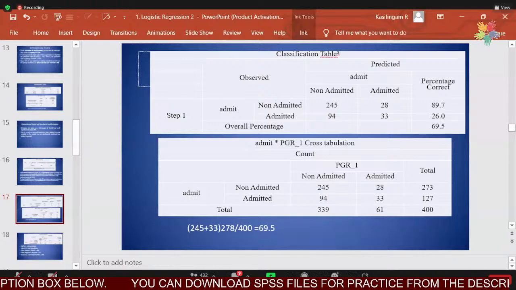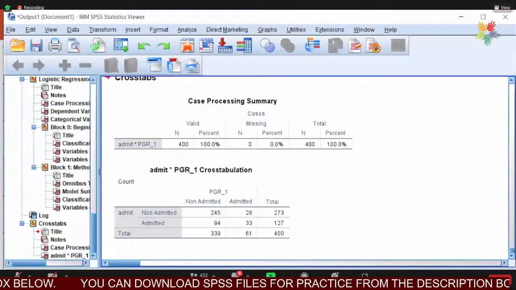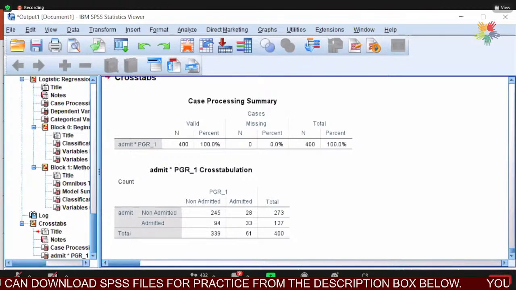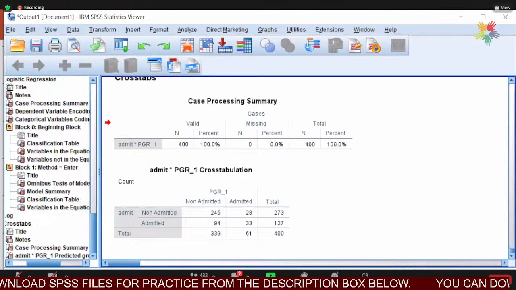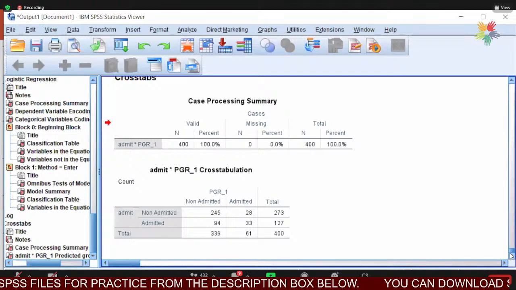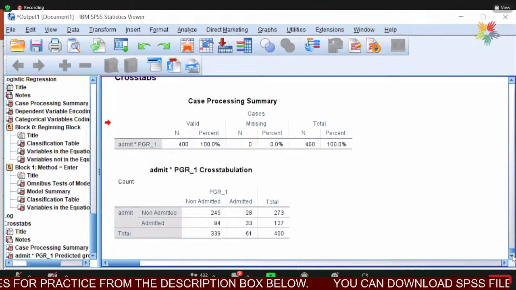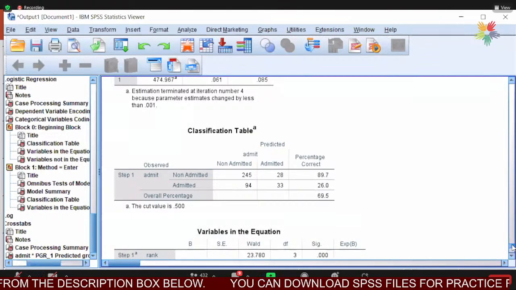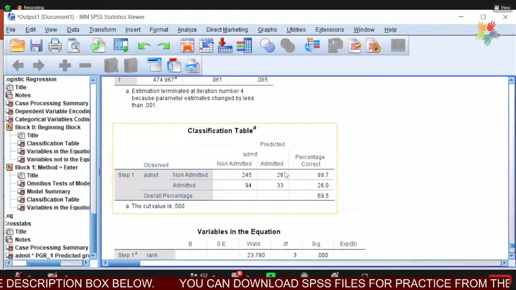Now let us go to another table. These are all very easy tables. The one important table I will come to, that is the most important table, I have explained.